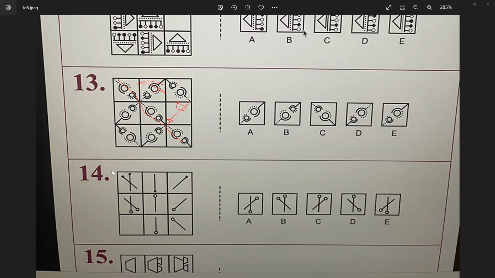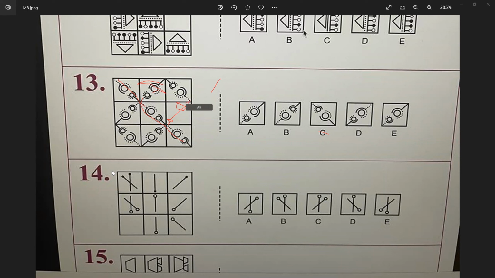First, it'll be pointing this way to complete the diamond. So it can't be C, and then also the line joining it will be dotted, since here it's all dotted when it gets joined.